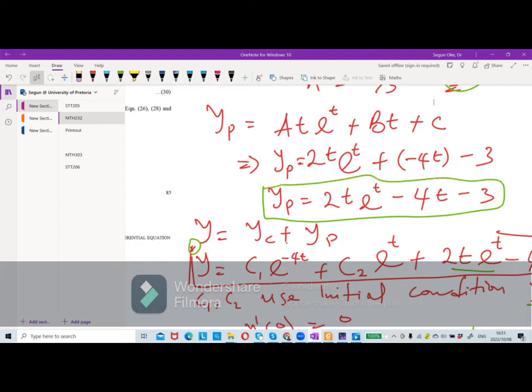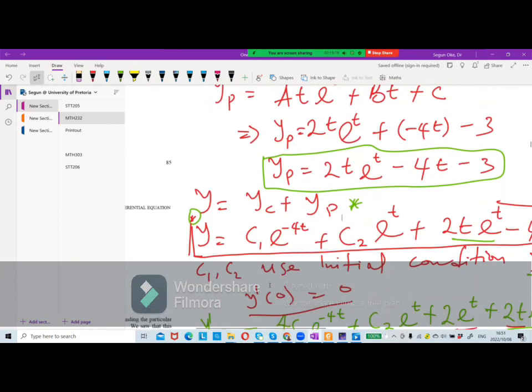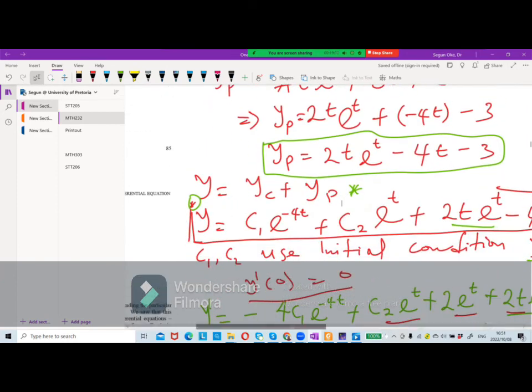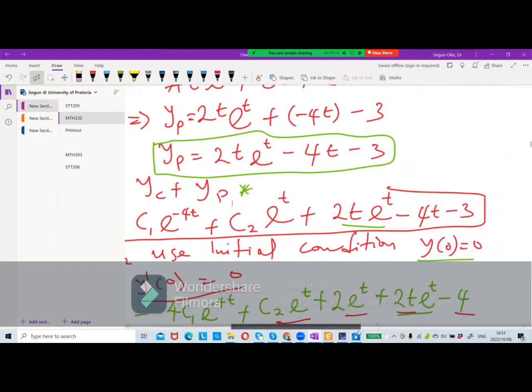So now if it is our yp, our general y is this. Our general y, before we use our initial condition, is very simple. All we need to do is just to substitute. So by the time you substitute yc and yp together, we have this.